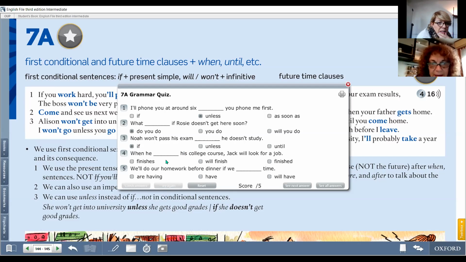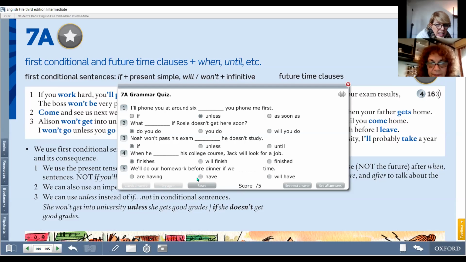When he finishes his college course, Jack will look for a job. We will do our homework before dinner if we have time.